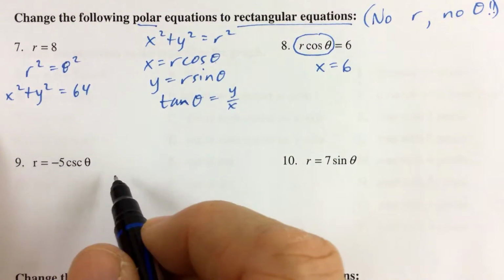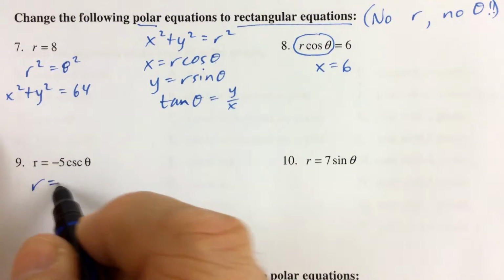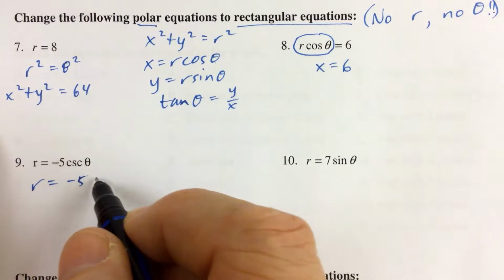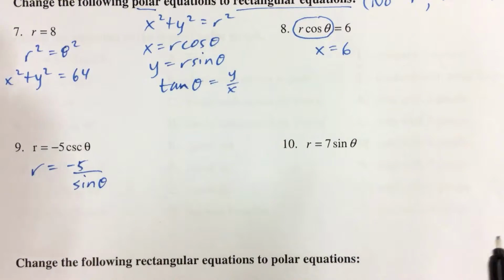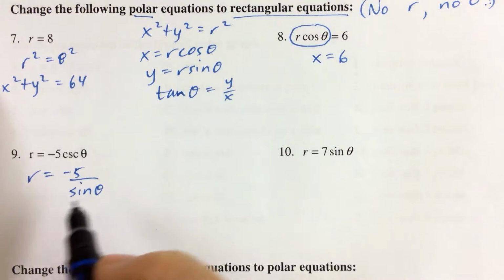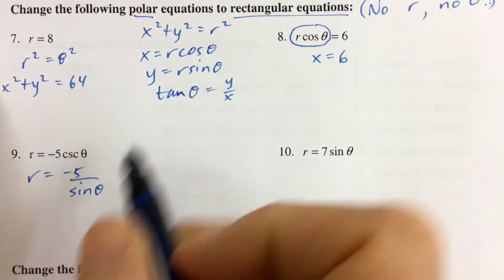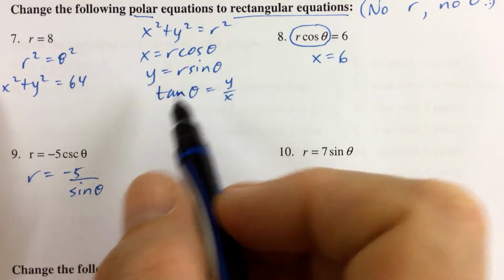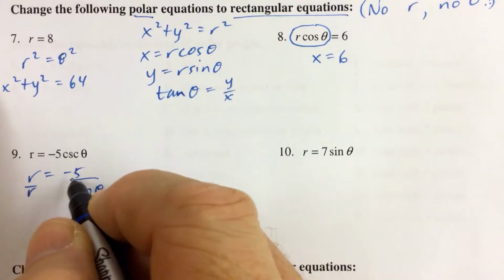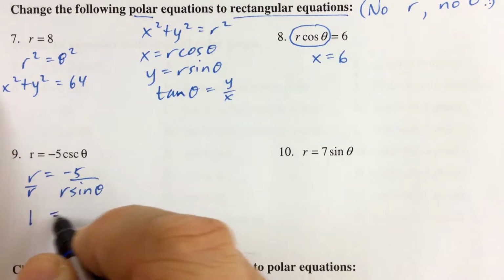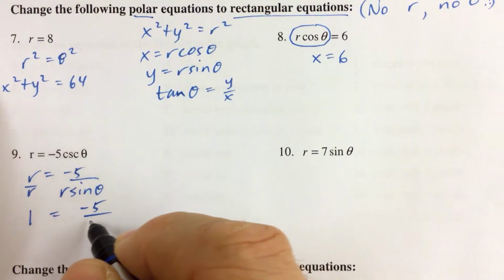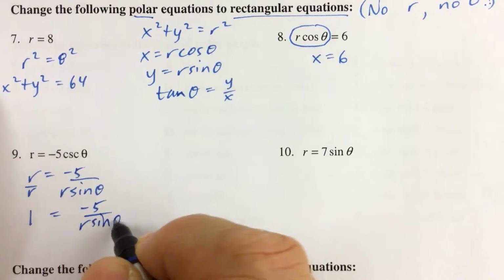For this one, we could rewrite this as r equals negative 5 over the sine of theta. And so what this should prompt you to do would be to notice that we need an r sine theta, and the only way to get an r sine theta is if we divide both sides by r. So if we divide both sides by r, we get 1 equals negative 5 over r sine theta.